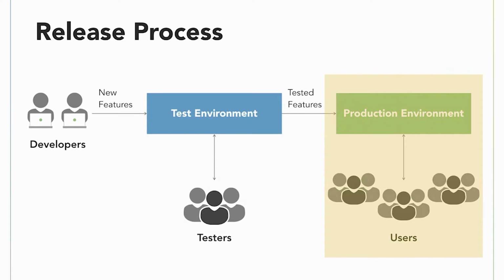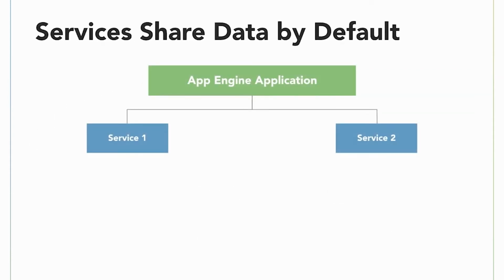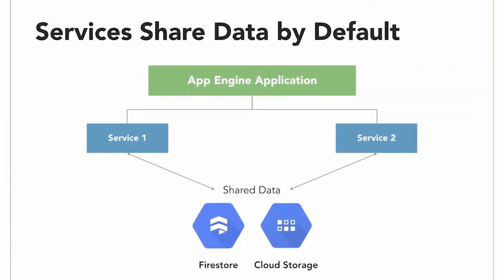real users. We can create a similar setup with App Engine by creating at least two separate projects, one project for testing and another project for production. It's important to create separate projects and not just separate services within the same project, because different services within a project can actually share the same data within Google Cloud services.